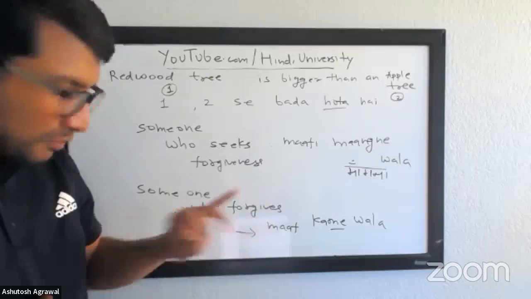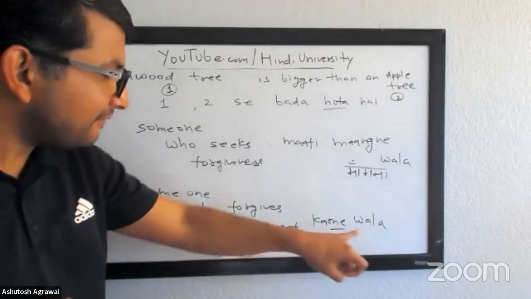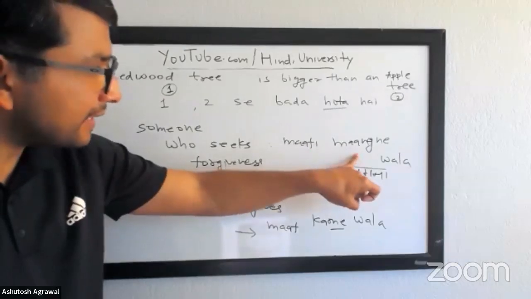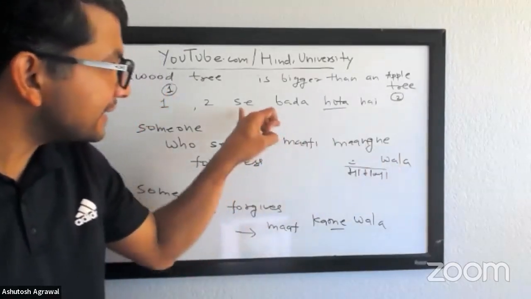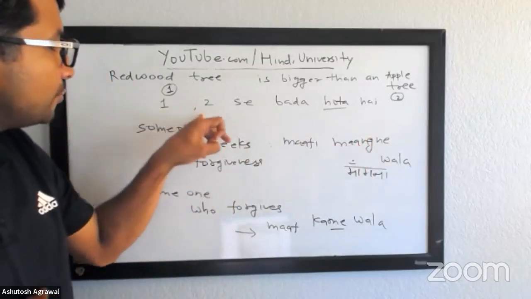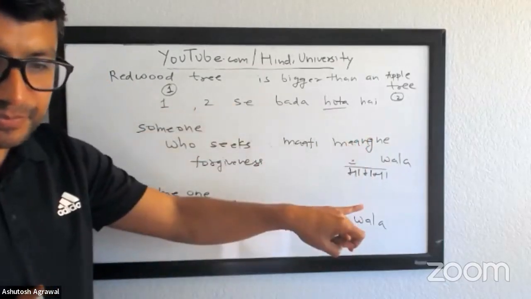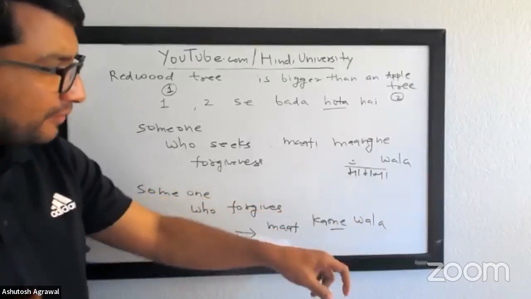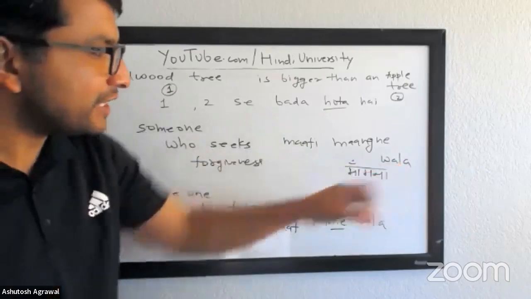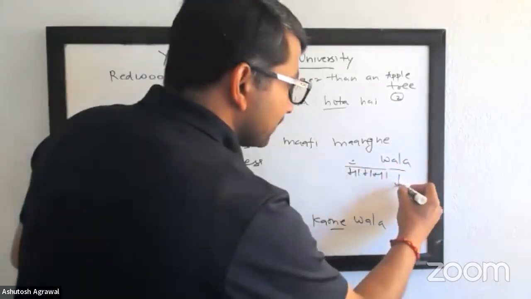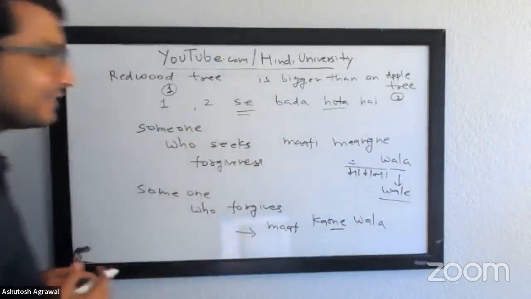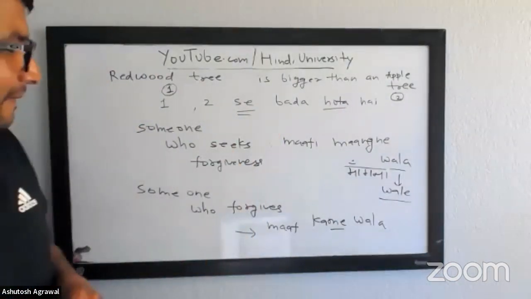So what he said was, maaf karne wala माफी मांगने वाले से बड़ा होता है. The template is 1, 2 से बड़ा होता है. Okay, and all we did was we put both of them in the same sentence. We just changed wala to wale because se is a postposition. That is correct.